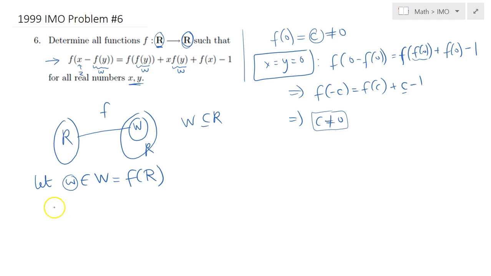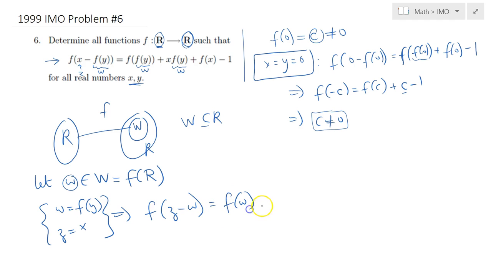If we plug these into the functional equation, we would get f of z minus w, recalling f of y was w, is equal to f of w plus zw plus f of z minus 1.